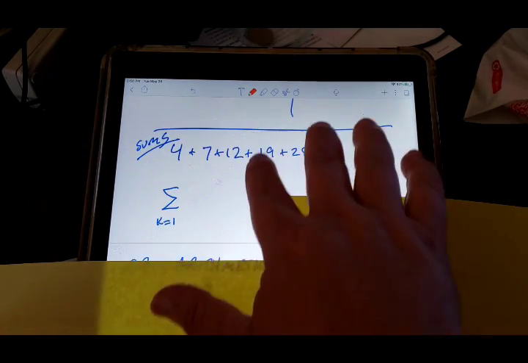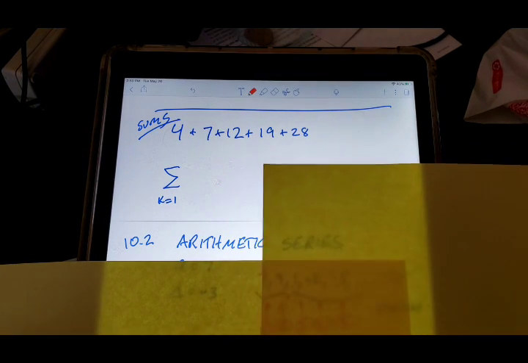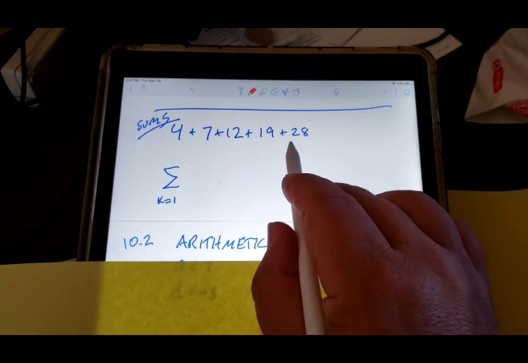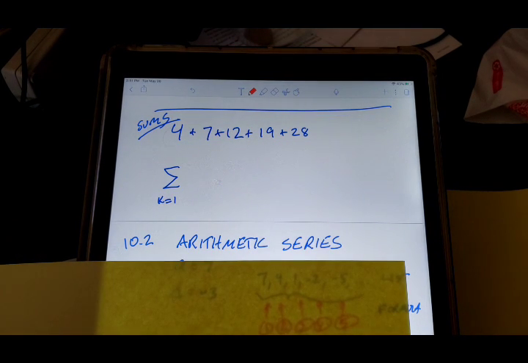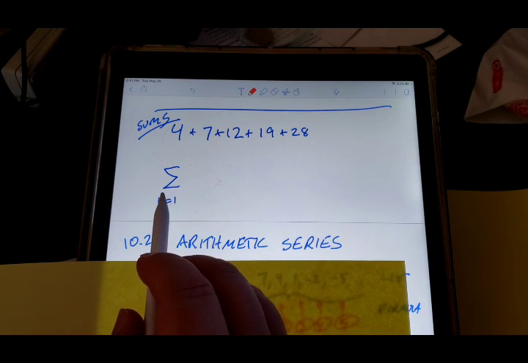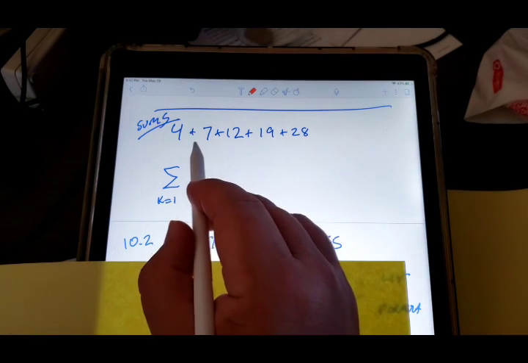All right, the next thing at the top is sums. And I guess I didn't finish this one up. All right. So what we do with sums is sometimes instead of putting commas between the terms, I'm going to put plus signs between the terms because I want to add them up. And we use this capital Greek letter sigma to indicate that there's going to be some adding up.